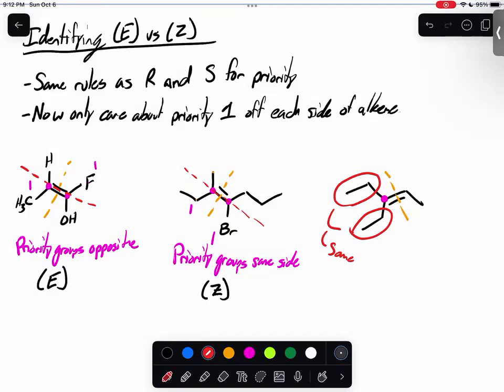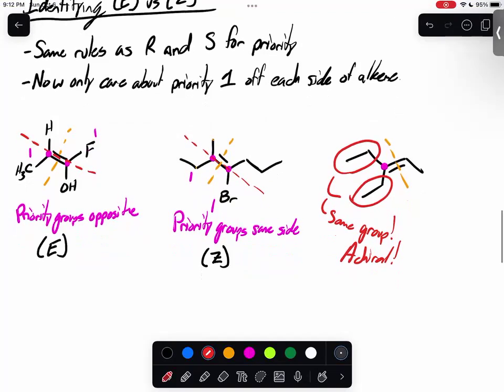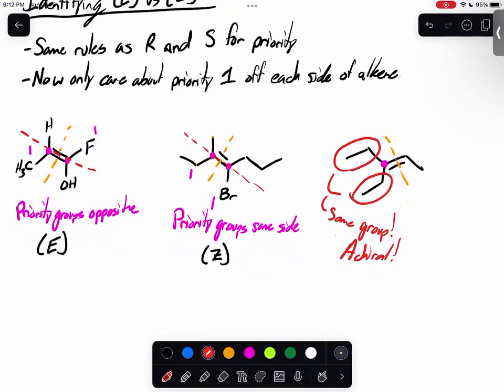And since these are the same group, essentially what we're seeing here is that this is achiral, right? So essentially alkenes can also be achiral, and therefore we can't label them as E or Z.